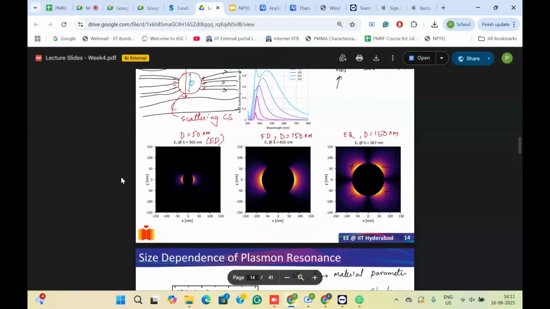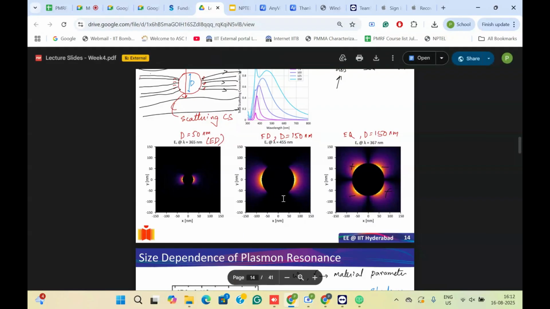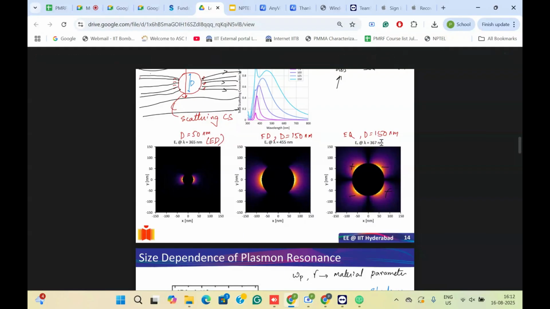So this is what I was saying: that d equals 50 nanometer, lambda is equal to 355 nanometer. It is again different, with lambda equal to 367 nanometer.